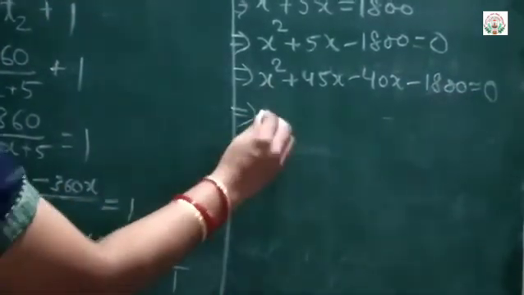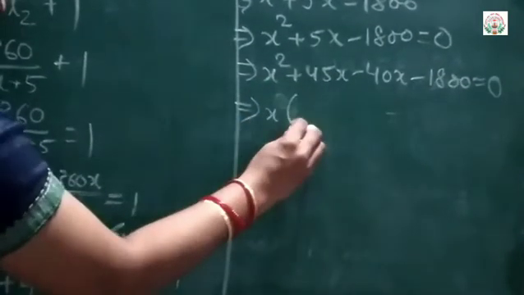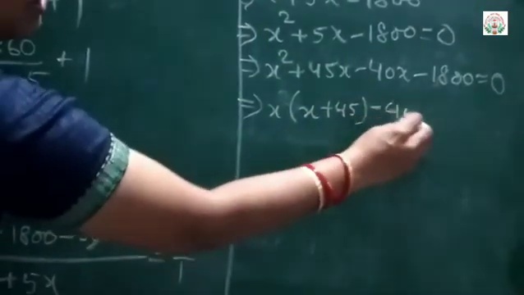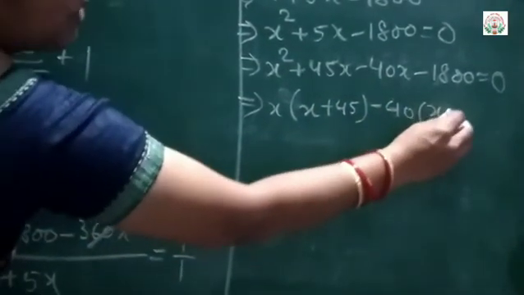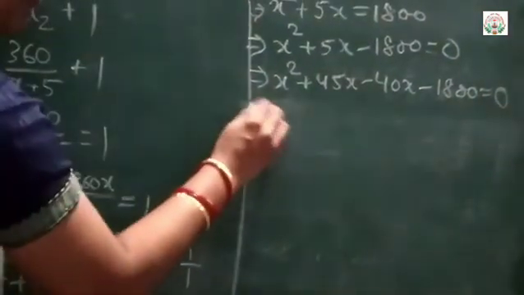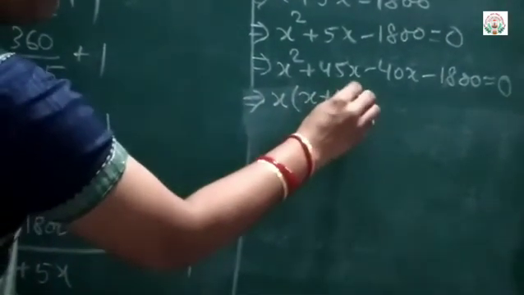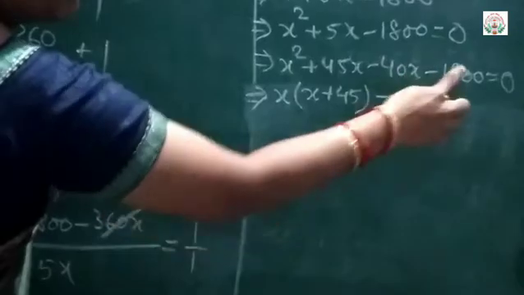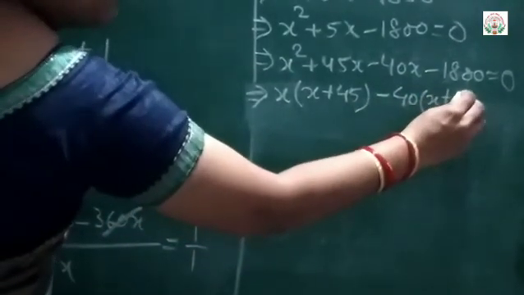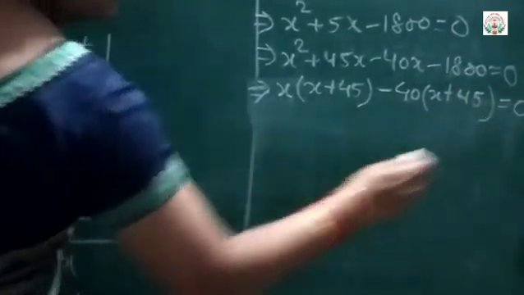Now in these two terms x is common, so x into x plus 45, and in the other two terms 40 is common, so minus 40 into x plus 45, equals 0.